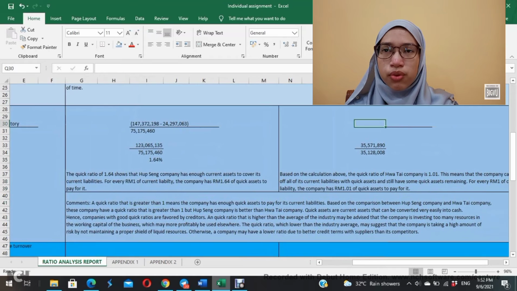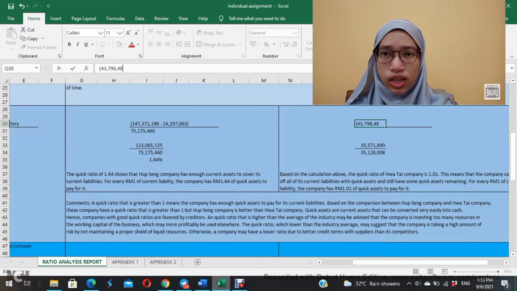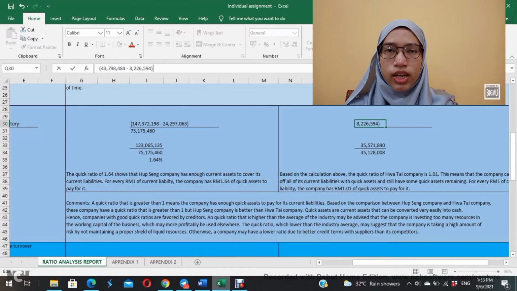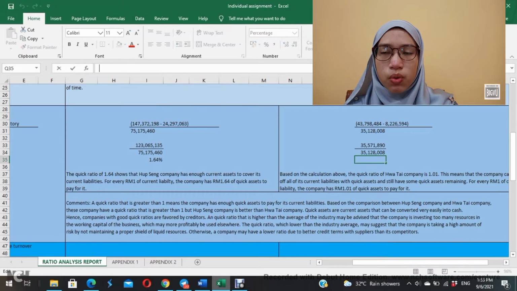After that, for Huatai Company, the current asset is 43,798,484 ringgit minus its inventory 8,226,594 ringgit and divide them by 35,128,008 ringgit of its current liabilities, then we get 1.01.